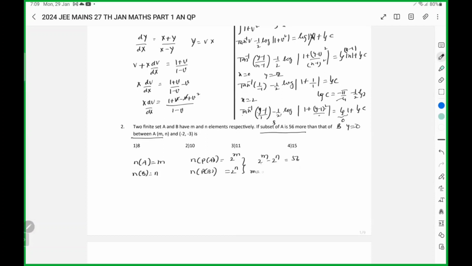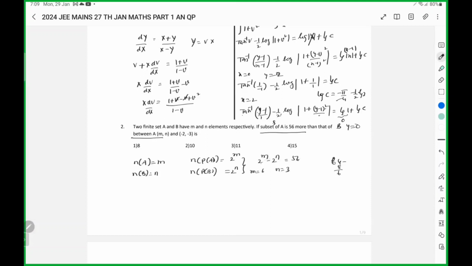Suppose if I take m as 6, 2 power 6 will be 64, and n as 3. 64 minus 8, 56 is satisfying. Anything lesser than that is not possible.